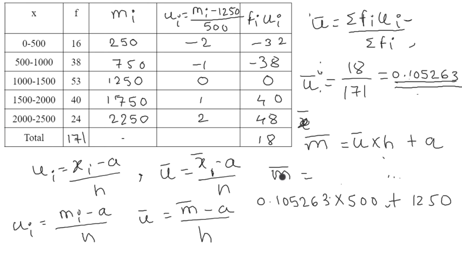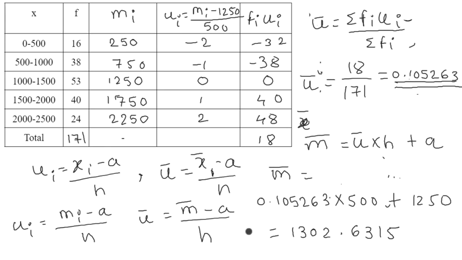So m bar is equal to u bar, that is 0.105263 into h, that is 500, plus a, that is 1250. So we got the answer, that is 1302.6315.